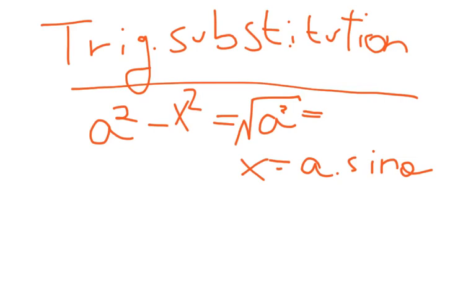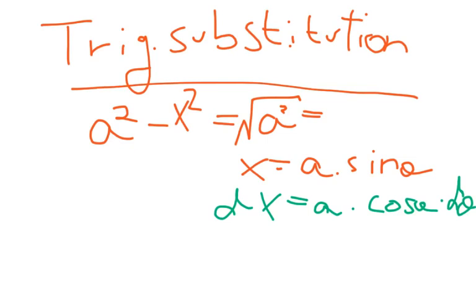And then, of course, we take the derivative of this, which is the dx, and then we put a times cosine of theta. It's important to keep going until you get to d theta. This is conceptual stuff, but it's important to note that this is only one case scenario.